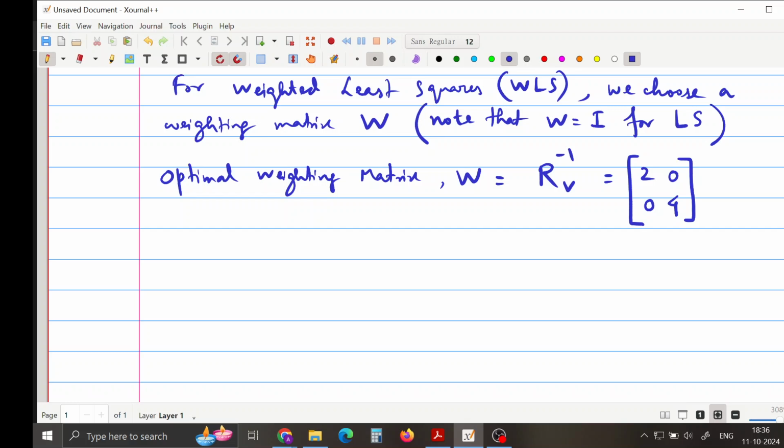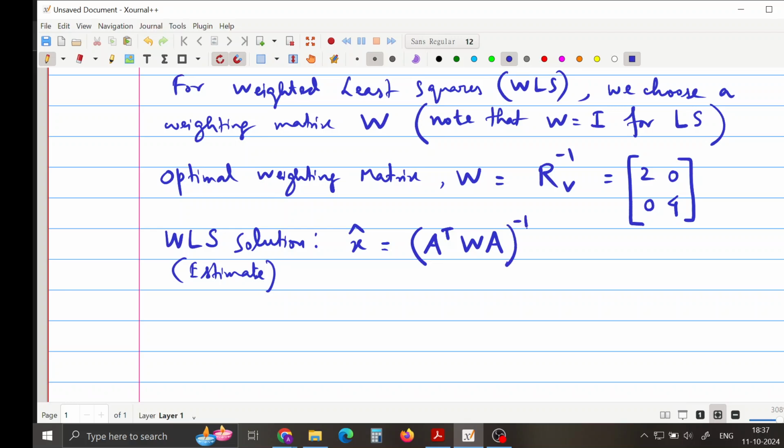And now you need to find the WLS estimate. The WLS, or weighted least squares solution, the estimate, is given by x hat. I'm denoting the estimate as x hat, which is equal to A transpose WA whole inverse times A transpose W y bar.